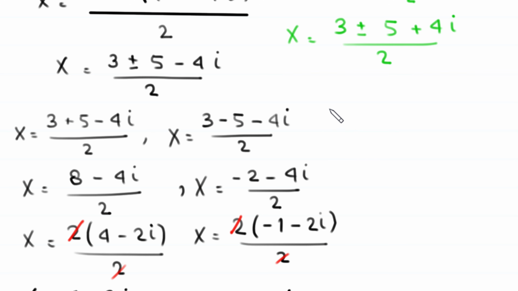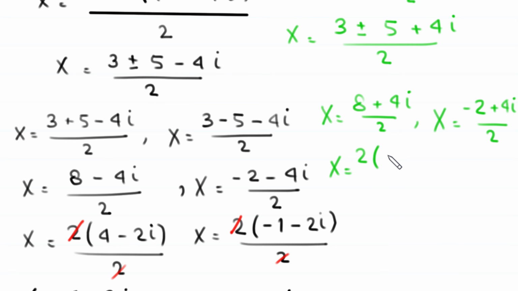And from here we get x equal to (8 plus 4i) over 2, and x equal to (negative 2 minus 4i) over 2. From the numerator can factor out 2, x will be equal to 2 as common factor in bracket (4 plus 2i) divided by 2, and this 2 will be cancelled out.